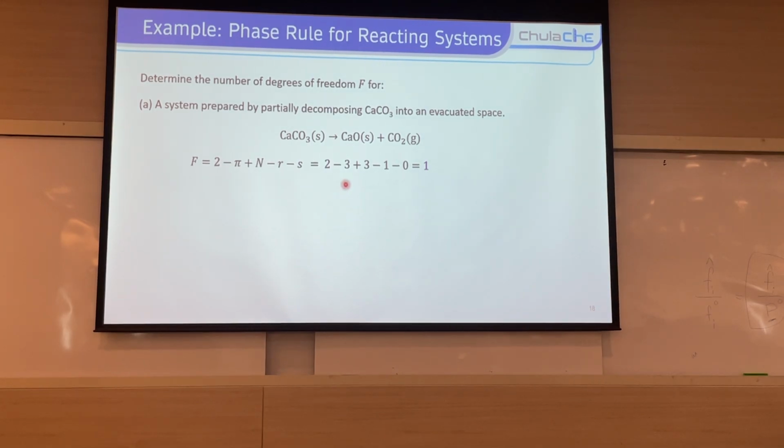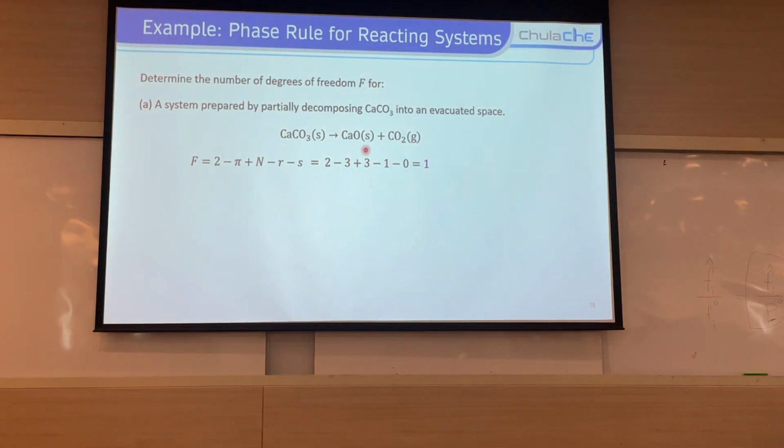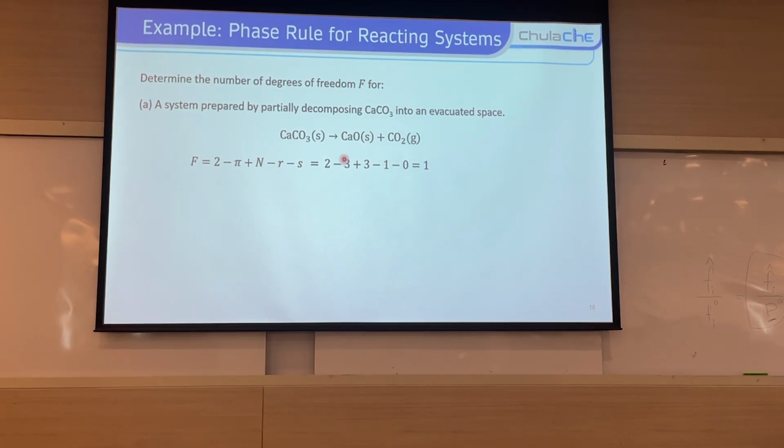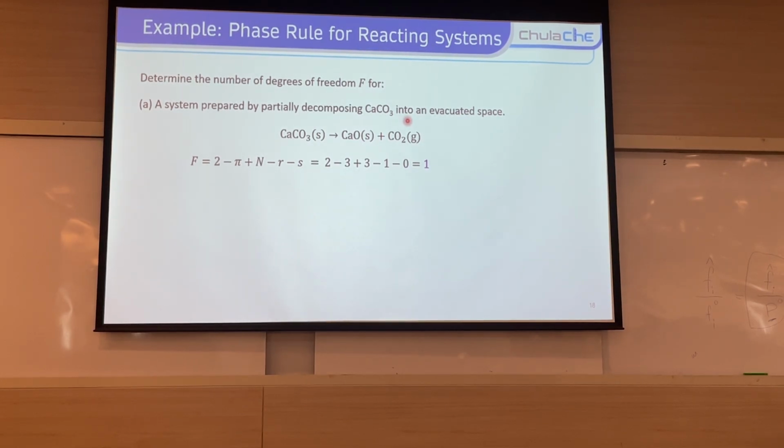This is wrong. Actually, it's correct. It is 3 phases because the solid phases are separate. You have the solid phase of the calcium carbonate, and you have another solid phase of the calcium oxide, and you have another phase of the carbon dioxide.